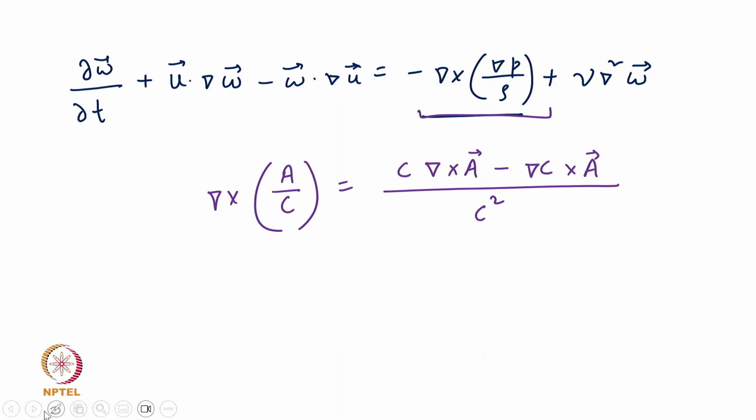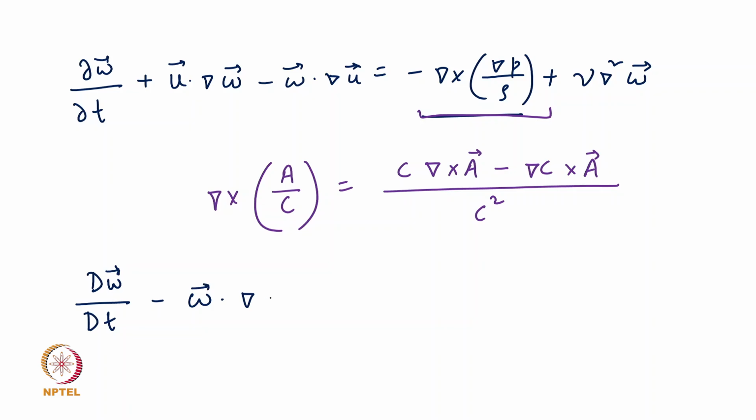So using this vector identity on the first term on the right hand side, what we get is, now we have combined u dot del omega into this total derivative, including this partial derivative in time. These two terms are being combined in the total derivative.